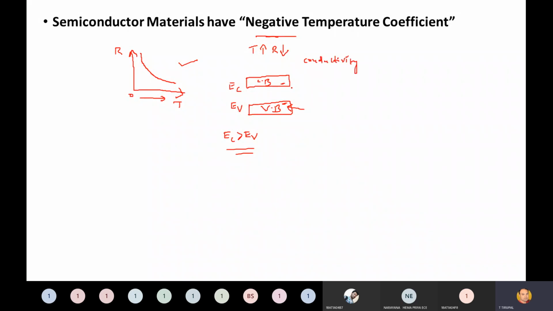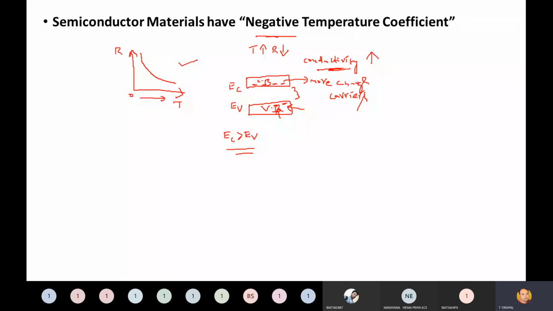Since there is a gap here, more electrons can jump from the valence band to the conduction band, so conductivity increases. More charge carriers are created in the conduction band. If more charge carriers are created in the conduction band, conductivity rises.